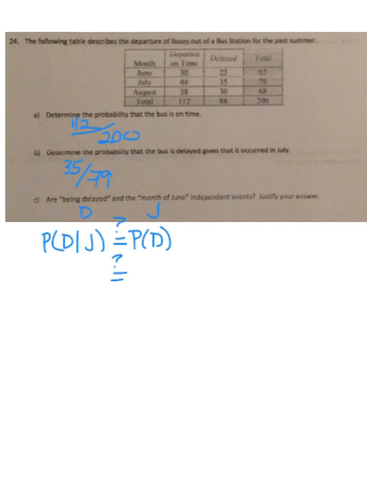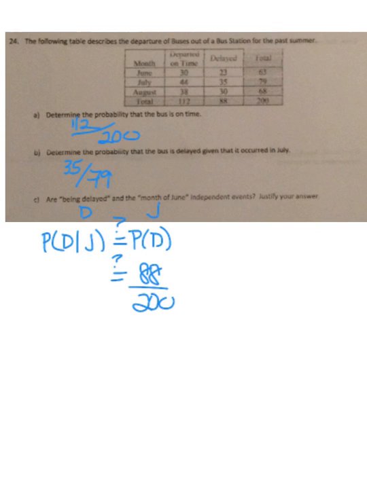I'm going to do the right side first. So it says the probability that it's delayed, right? So let me get my little pointer here. Okay, delayed. So that would be 88 out of 200. So over here, I'm going to write 88 over 200. All right, next, probability of delayed given that it is June.